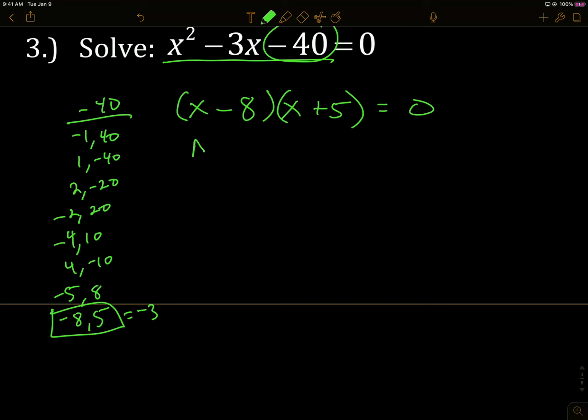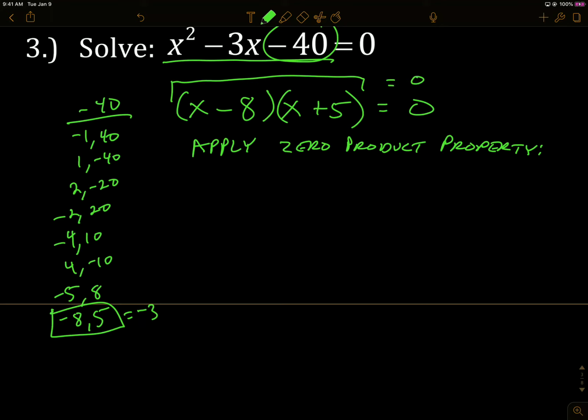Now I can apply the zero product property. The zero product property says if I have a product, which I do, equaling 0, then the solutions are going to be when I make either factor or either part of the product equal to 0. Right? Because it makes sense.